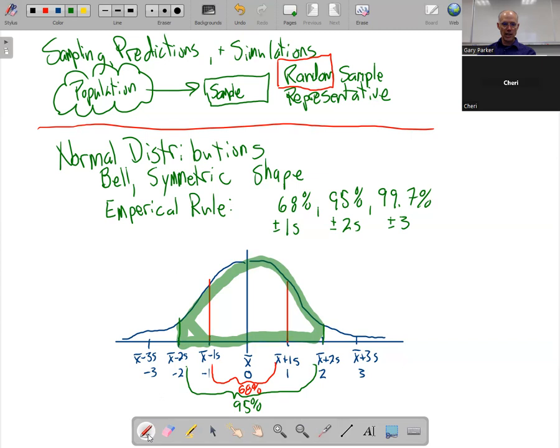And then if we look again and count up how much of the data is within 3 standard deviations, so all the way from whatever this number is to that one, then we should expect to find about 99.7% of the data in that region of the graph. So here to here. So this picture is a smoothed out histogram.